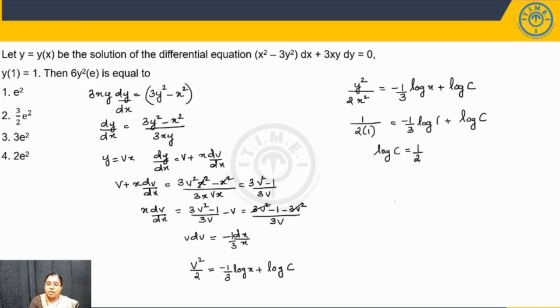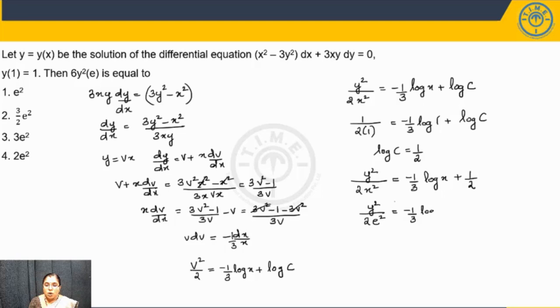So that your equation becomes y square by 2x square equal to minus 1 by 3 log x plus half. Now we have to find out 6 into y square at e. For this, I'm just going to replace x by e.